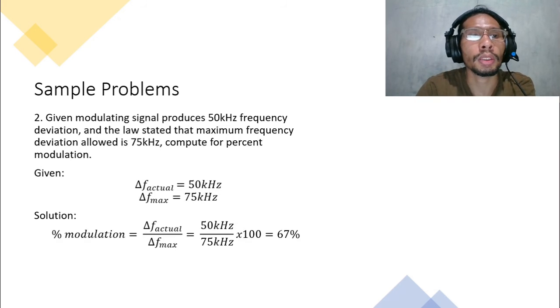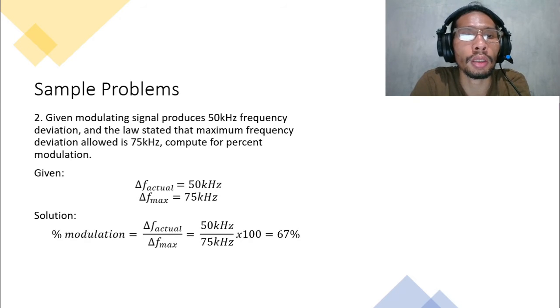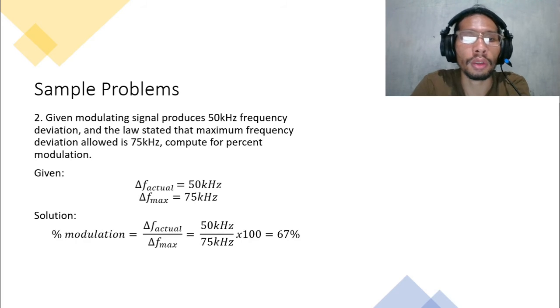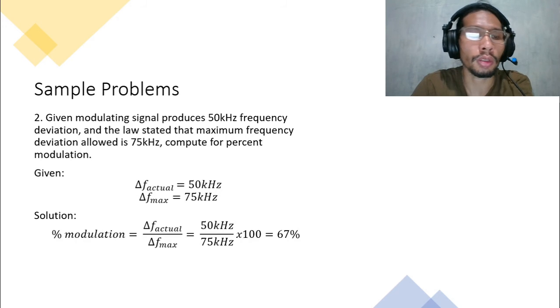Next problem: a given modulating signal produces 50 kilohertz frequency deviation, and the law states that the maximum frequency deviation allowed is 75 kilohertz. Compute the percent modulation. First, we need to get the given parameters: the actual frequency deviation is equal to 50 kilohertz, and the maximum frequency deviation is equal to 75 kilohertz.